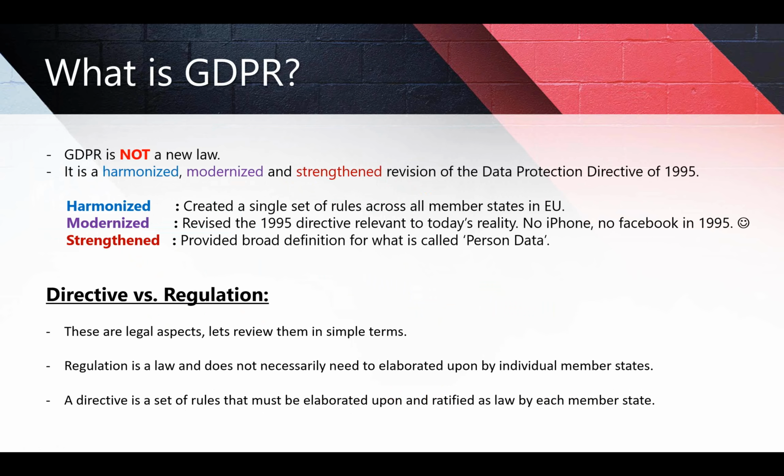The member state can take a call to create their own terminologies in the directives. But a regulation is actually a harmonized version of the law, which is not necessarily elaborated. But in very particular cases, a regulation may give some freedom to each member state to add something.